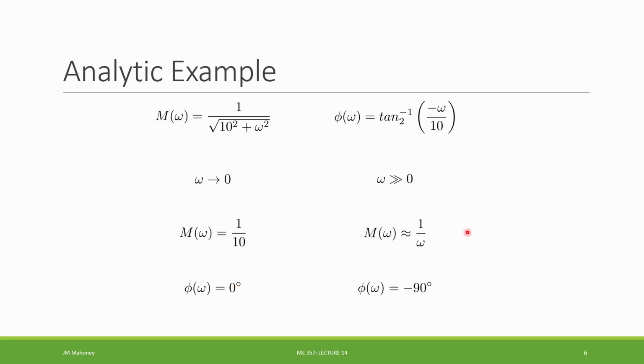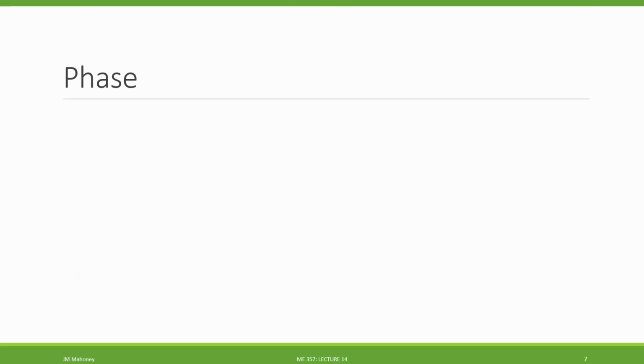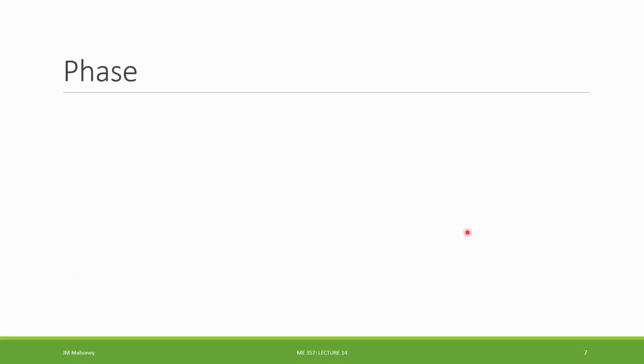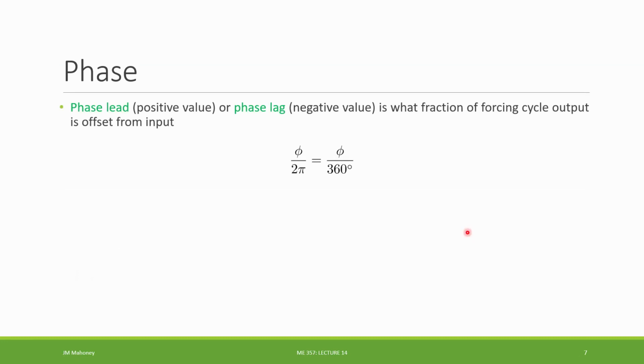But I want to talk a tiny bit more about phase because I still haven't really defined what it is. So we can have a phase lead, and for this definition of how we're putting the output together, that's going to be a phi value that is positive, or a phase lag, which is going to be a negative phi value. But really what it's telling us is what fraction of a forcing cycle, so what fraction of a full period of our input, the output is offset from the input.